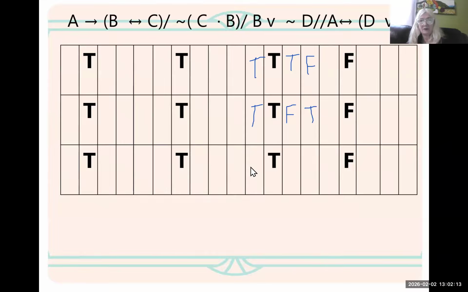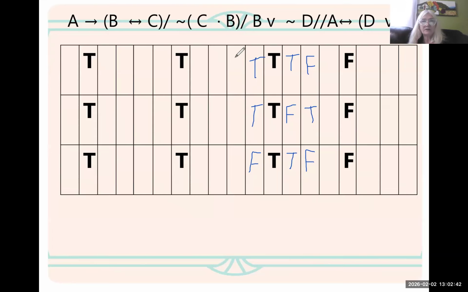And finally, it could be false or true, making D false there for the negation D. Okay. So I'm going to start with line 1, and hopefully I can fill line 1 in, find an invalid line, and stop. Whenever I find an invalid line with no contradictions, then I've proven that the argument can be invalid, and I stop at that point.